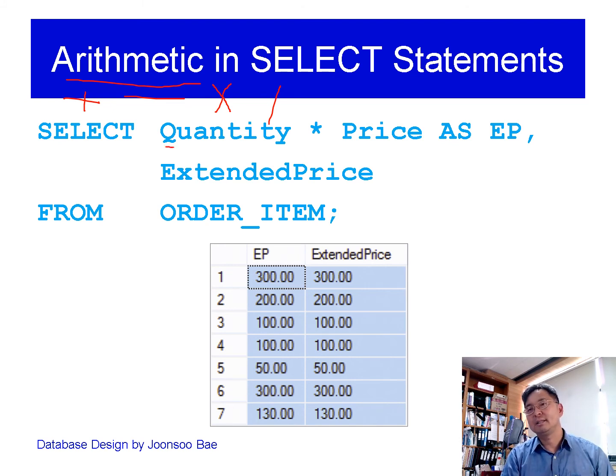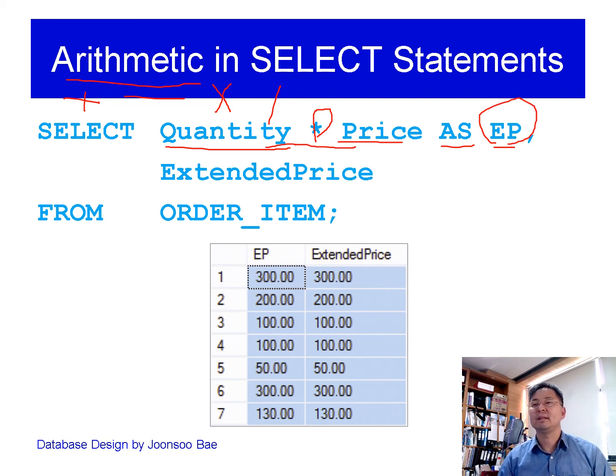In these examples, like this example, I want to calculate quantity times price, and the result will have EP as its name. Okay, EP becomes the new name of this arithmetic result. And also I want to search the extended price column from the order item table.